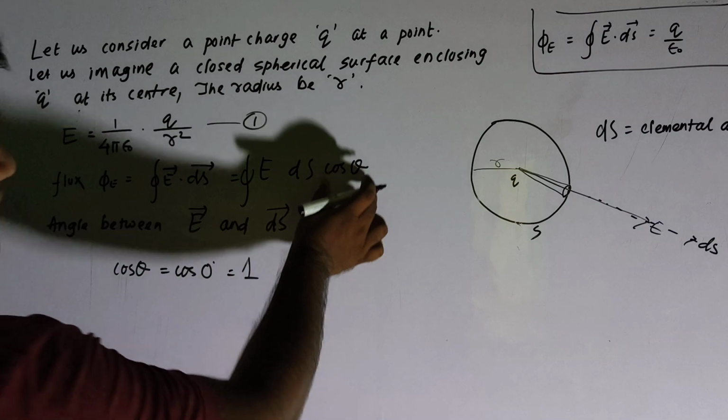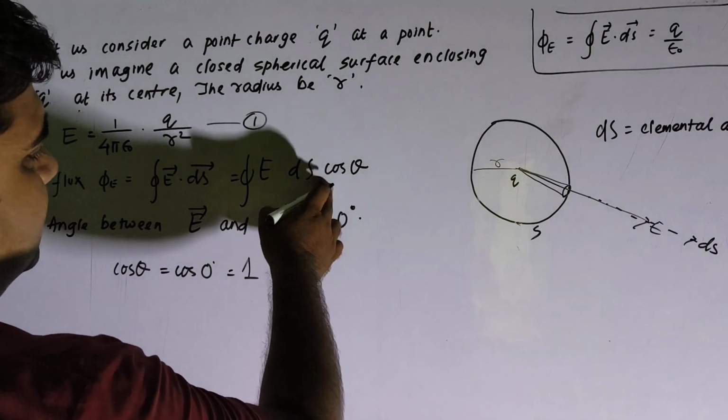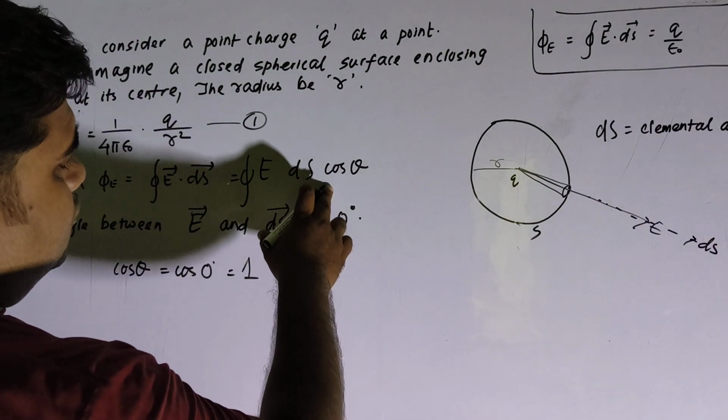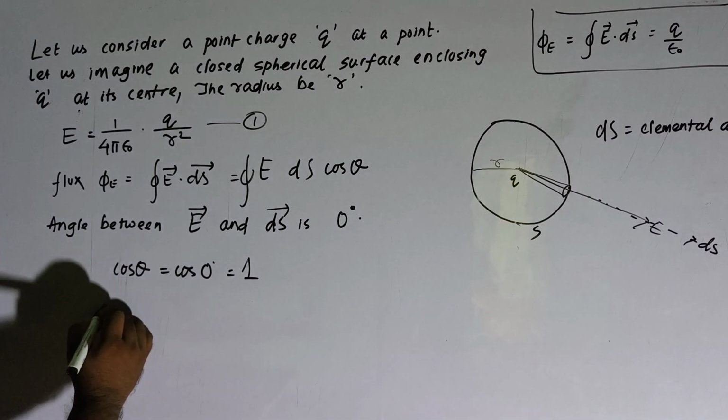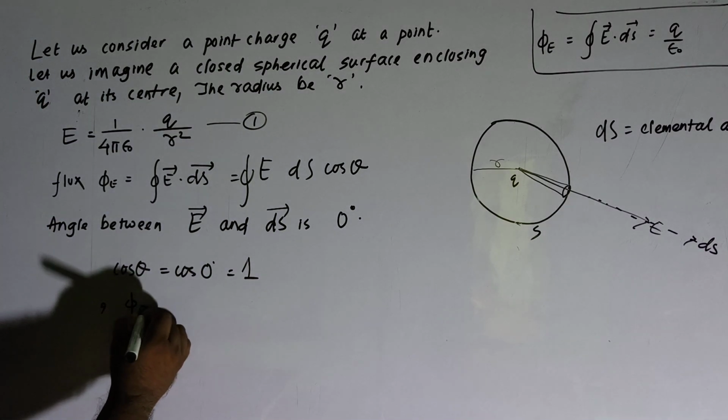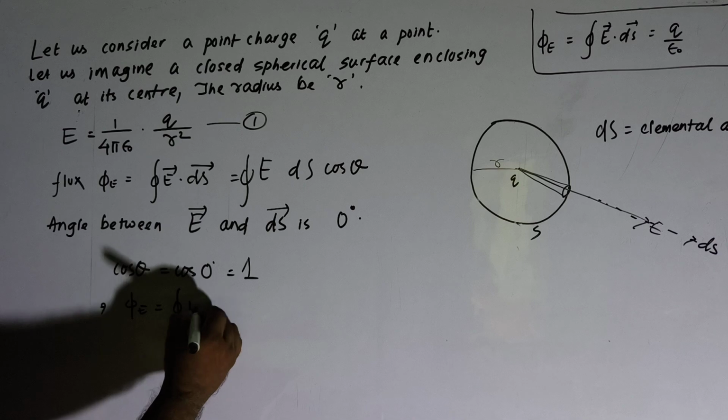So we replace cos theta with 1 in this equation, which gives us flux phi E equal to the integration over E ds.